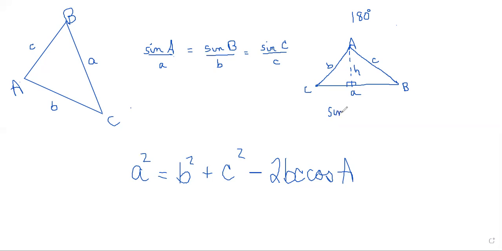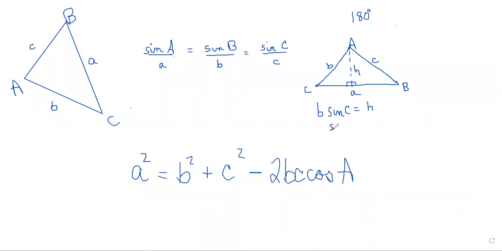The sine of C, first let's just write it in terms of SOHCAHTOA. It's going to be the opposite, which is H, over the hypotenuse, which is b. So I can solve for H and get b times the sine of capital C is equal to H. But we have another right triangle right here, and let's do this one now.